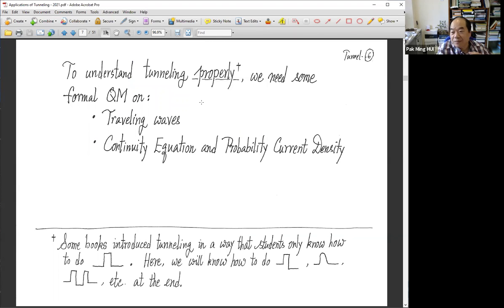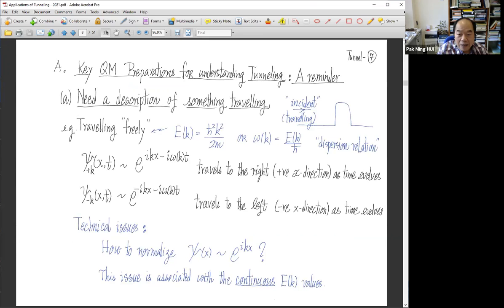So the next thing, I would like to remind you of some basic knowledge about tunneling. So starting here is something that you know. So at this point, let us take a short break, a few minutes, and then I will start from here again.